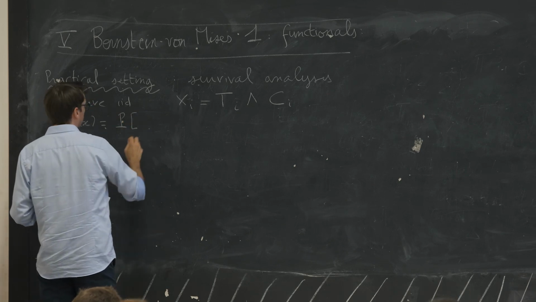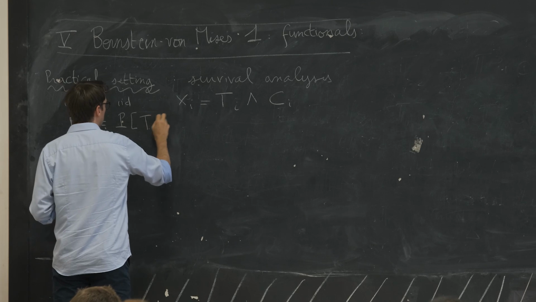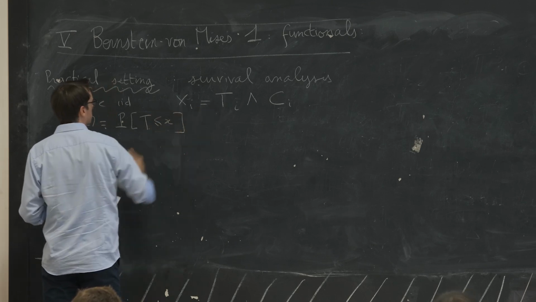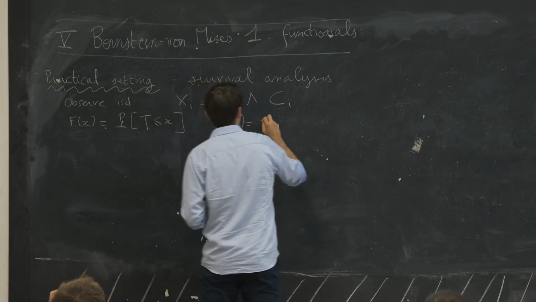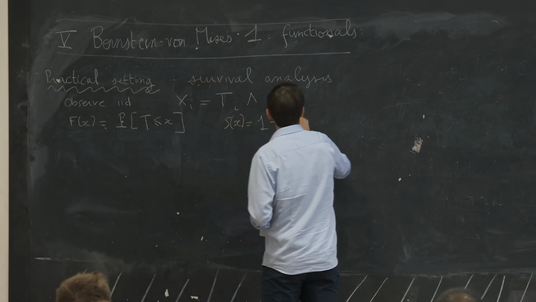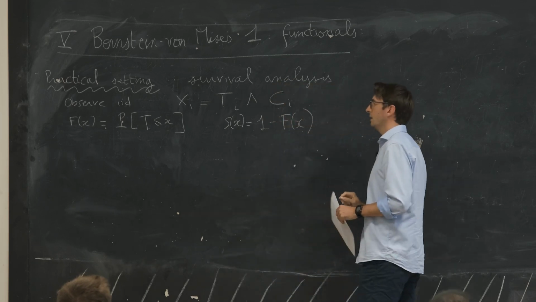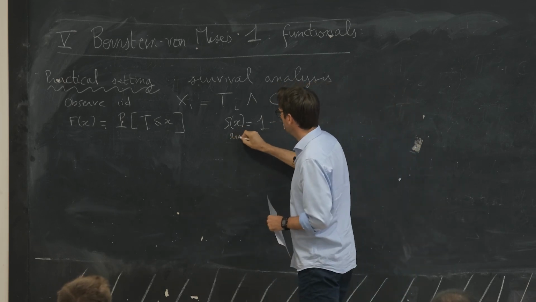And what you are interested in is either the distribution function of T or what's called the survival function, which is just 1 minus the distribution function.